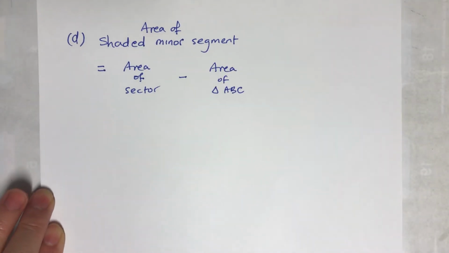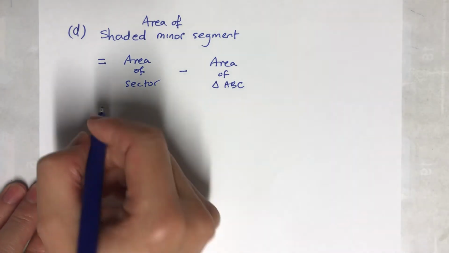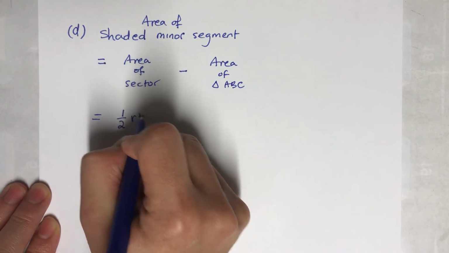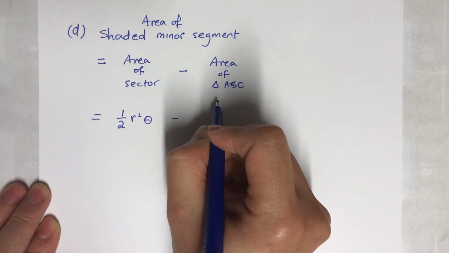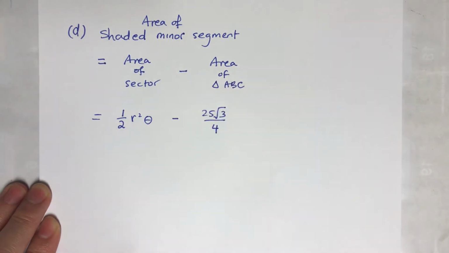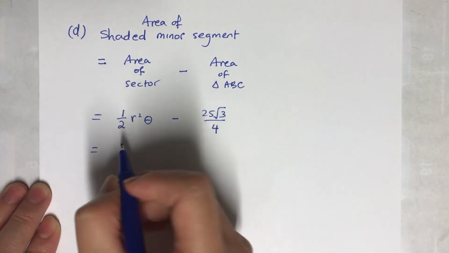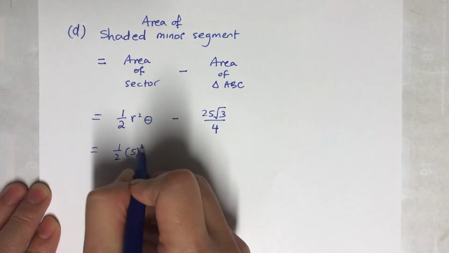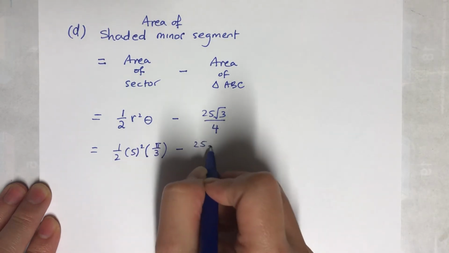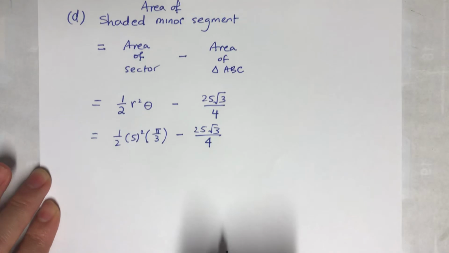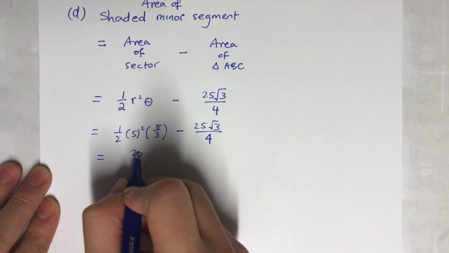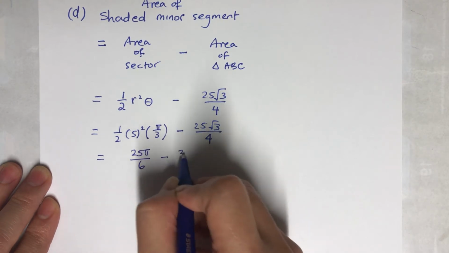Now remember, also we have to find the exact value, so I'm going to go area of a sector will be half times r squared times theta. Take away area of a triangle was from previous question. That's what I've got. Now r was 5 and theta was pi over 3. And I want to keep that as an exact value. So 25 pi over 6 minus 25 root 3 over 4.